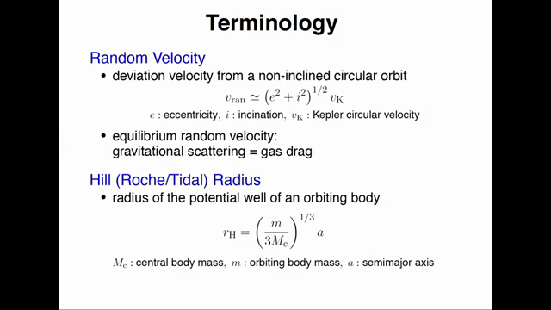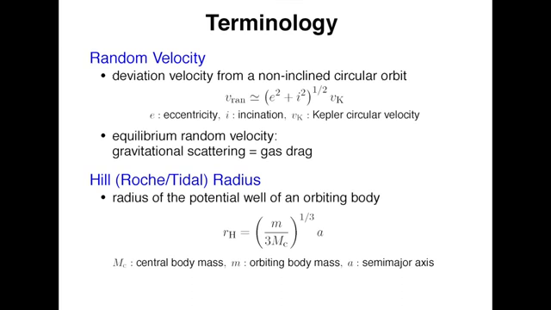Then the next important thing is the Hill, or Roche, or tidal, or sometimes called Jacobi radius. Nadal already introduced this in his talk, but this is the radius of the potential well of an orbiting body, right?